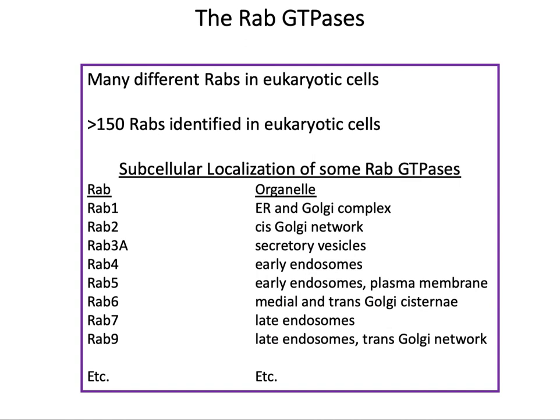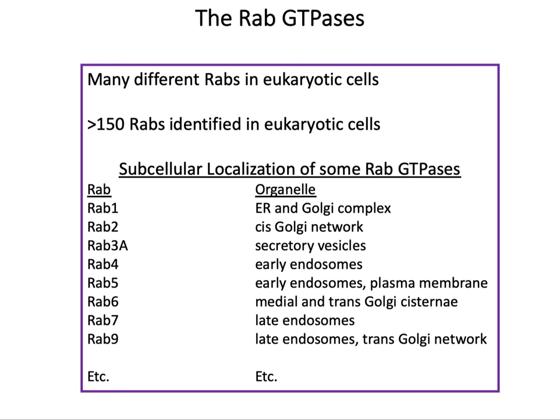I need to point out that there are a number of Rabs in the eukaryotic cell. In mammalian cells, there are probably over 150 Rabs. They each function at different steps in the pathway. So Rab1 is involved in ER to Golgi trafficking. Rab5 is involved in trafficking to and from the early endosome.